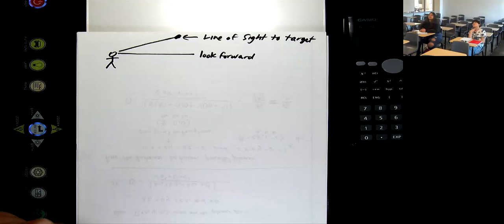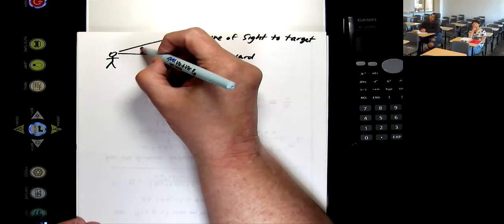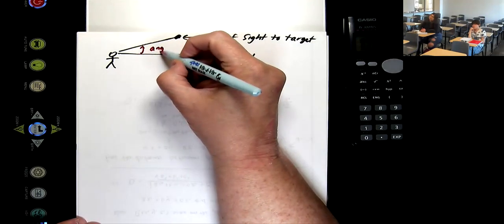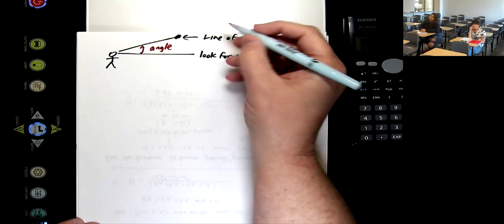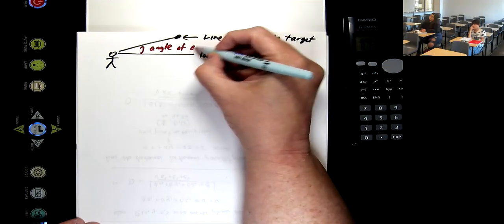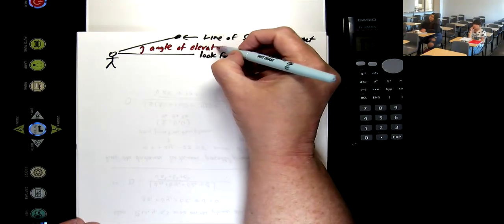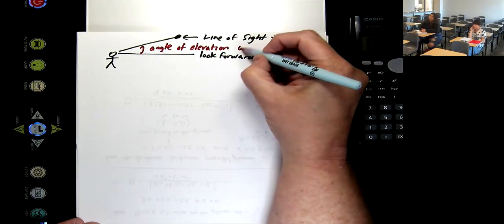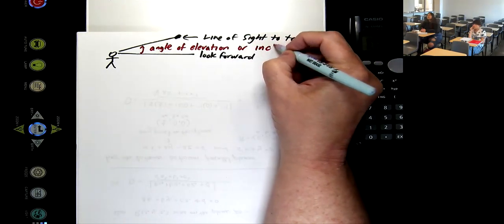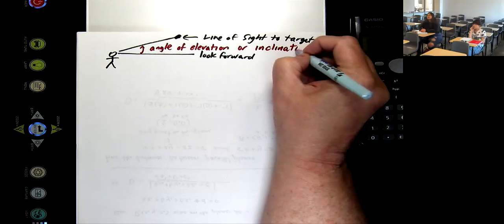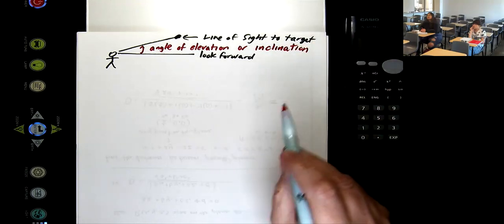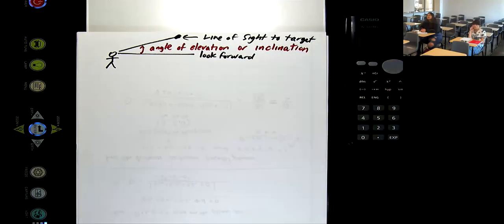This here is called the angle of elevation, or sometimes you'll see inclination, but usually it's just the angle of elevation. How far up, how elevated is the thing you're looking at?